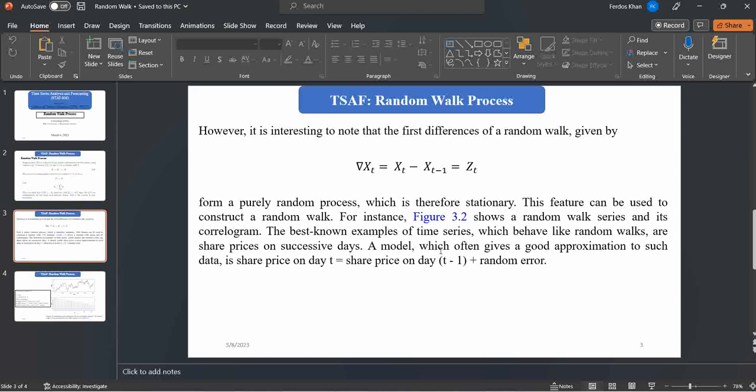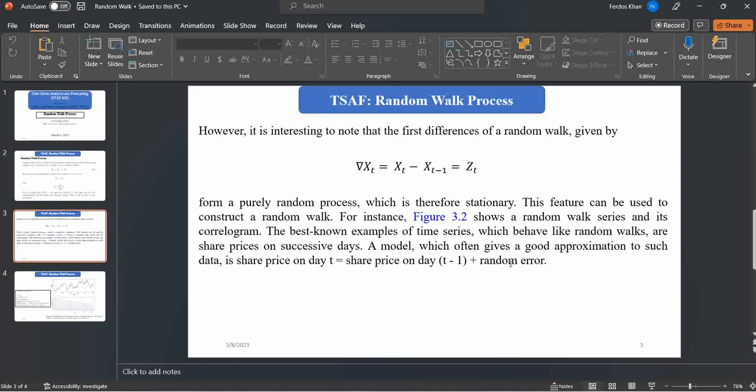This is just the random walk process. This means the share price at day t, that is xt, equals the share price at day t minus 1, that is xt minus 1, plus zt, that is the error. So this is all about the theoretical concept of the random walk process.